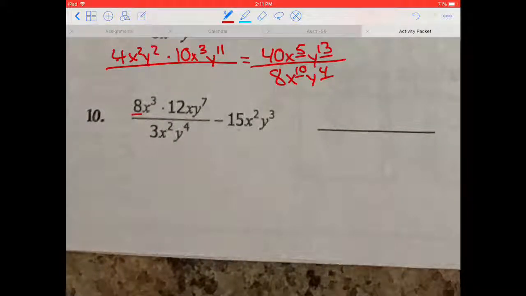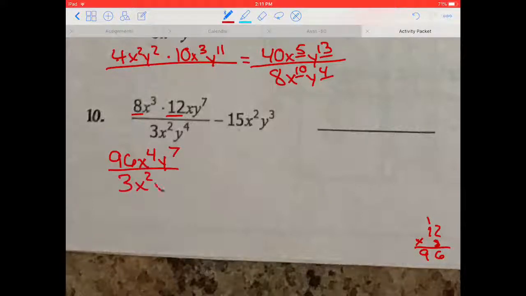Last one, 8 times 12. Oh, shoot. 16, 96. X to the 4th, y to the 7th, divided by 3, x squared, y to the 4th. So 36 divided by 3 is 32.